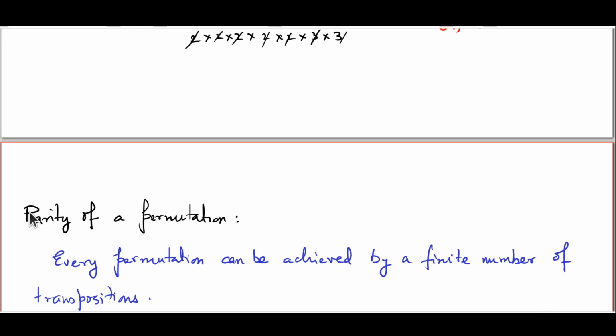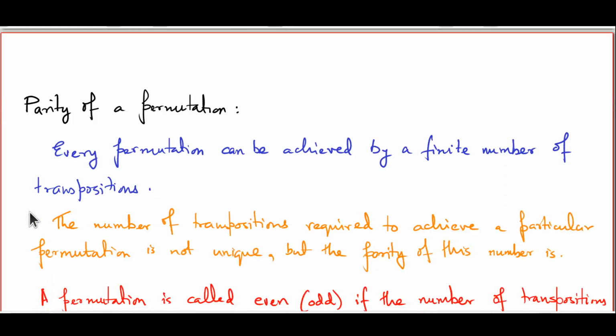Transpositions being self-inverse, doing 2 identical transpositions undoes their effect completely. So you can carry out the identity permutation with no transpositions, 2 transpositions, 4 transpositions, but not an odd number of transpositions. And this is an important result in general.